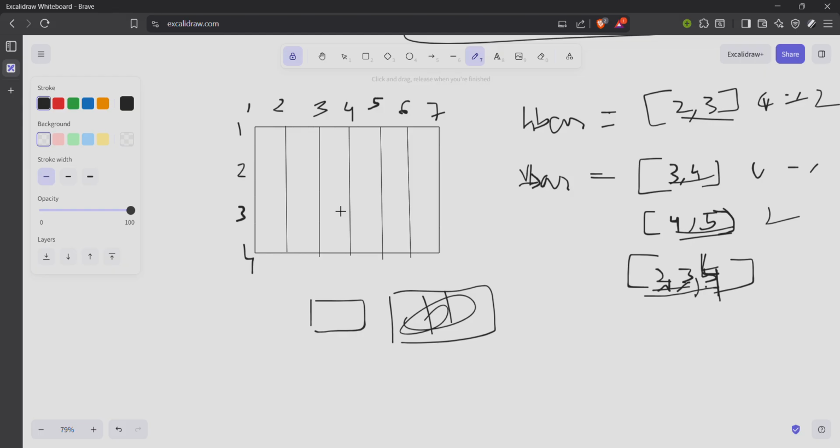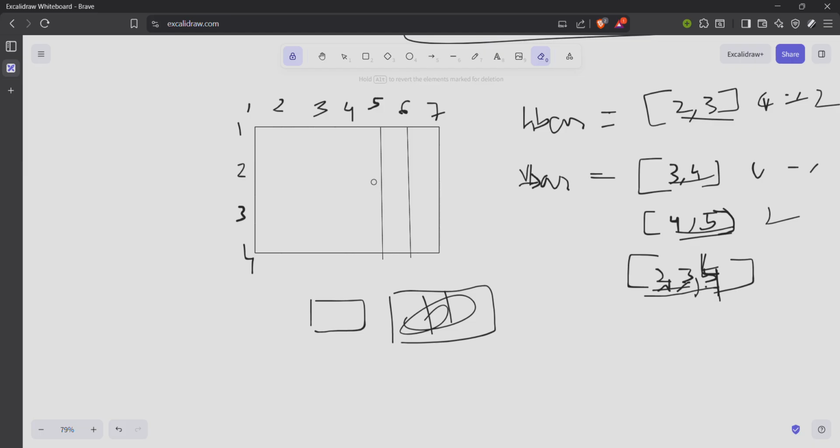So in the vertical bar, we remove 2, 3, 4. But now this is of length 1, 2, 3, 4 units. But here we have 1, 2, and only 3 units, because we have to remove 3 from here as well.